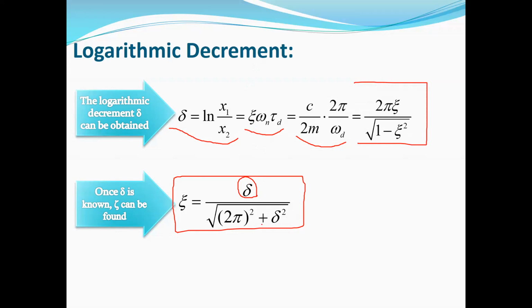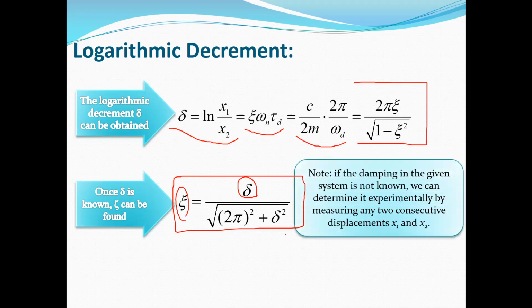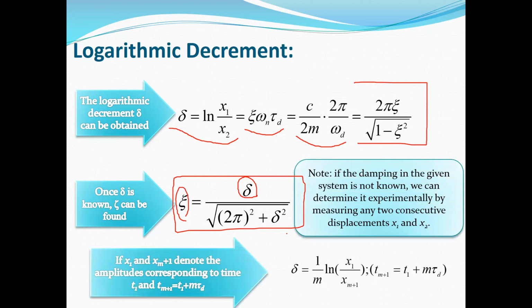You can excite your system, for example subject it to an initial condition and get the response, for example x(t), x dot or acceleration, and using the graph of your response, you can obtain delta. Finally, by using this equation, you can obtain the damping ratio in your system. This is the main application of the logarithmic decrement: we can obtain the damping characteristic in your unknown system.